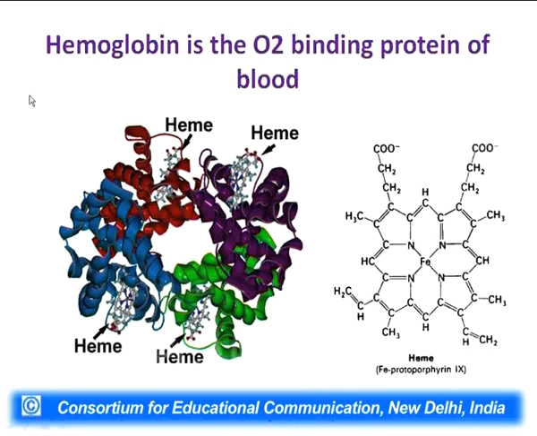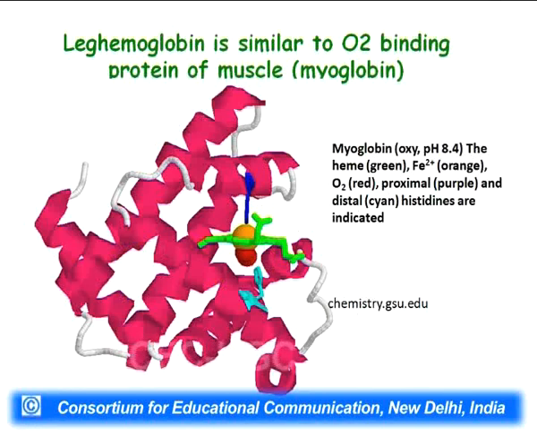Probably most of you would know that in our human body there are 4 protein subunits which come together as a tetrameric protein, and that forms the complete hemoglobin structure. However, a similar oxygen binding protein present in our muscle cells is called myoglobin. This myoglobin is also an oxygen binding protein, but it is a single subunit protein.